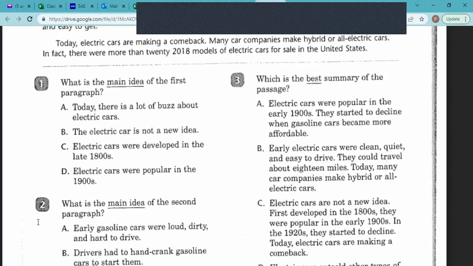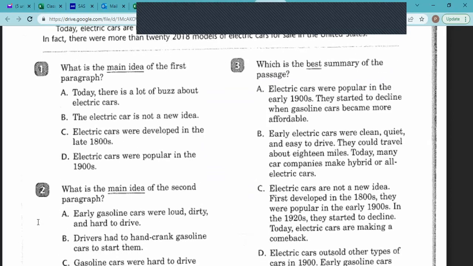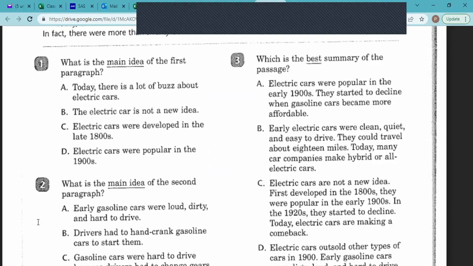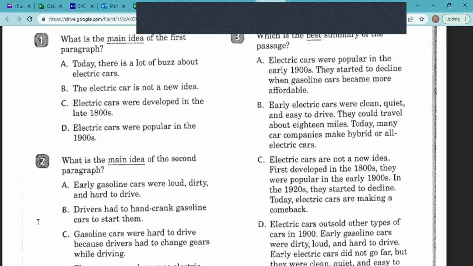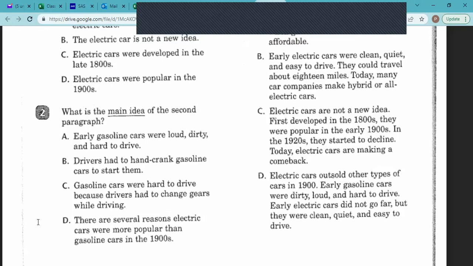Okay. Number 3, which is the best summary of the whole passage? Is it A, electric cars were popular in the early 1900s. They started to decline when gasoline cars became more affordable. B, early electric cars were clean, quiet, and easy to drive. They could travel about 18 miles. Today, many car companies make hybrid or all electric cars. C, electric cars are not a new idea.